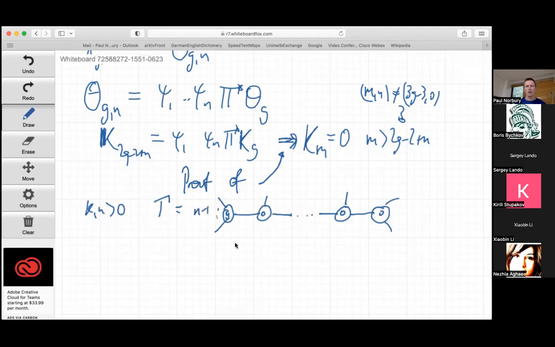So this corresponds to a curve that looks like this, which has genus g. It has n points, because there's a nodal point here.